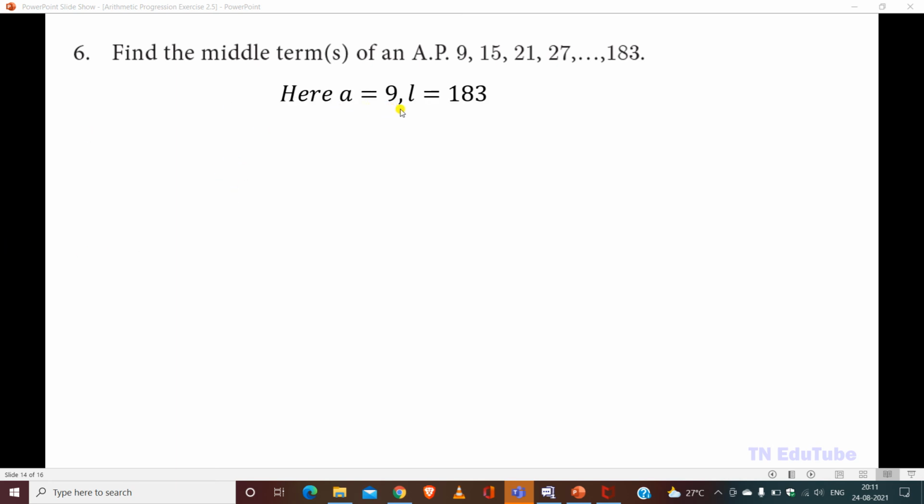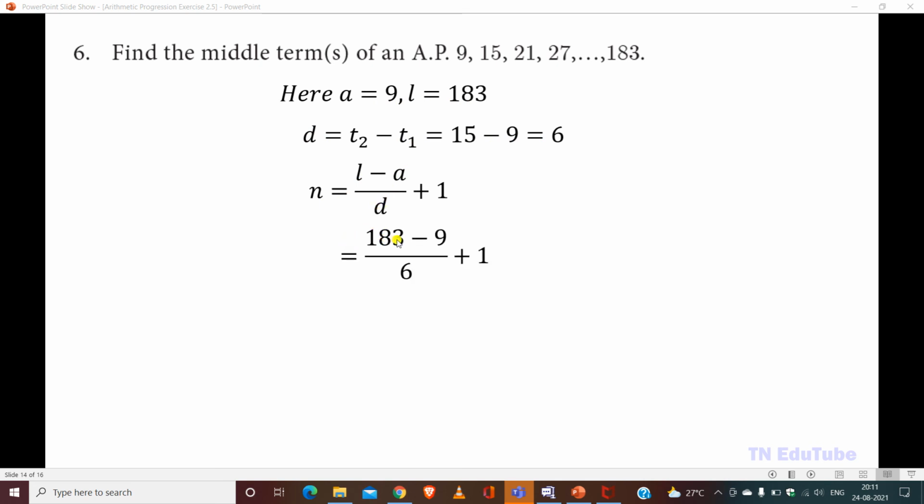Here A is equal to 9. First term is 9 and the last term is 183. Common difference, that is 15 minus 9, you get 6. N is equal to (L minus A) by D plus 1. Substituting the values, 183 minus 9 by 6 plus 1.